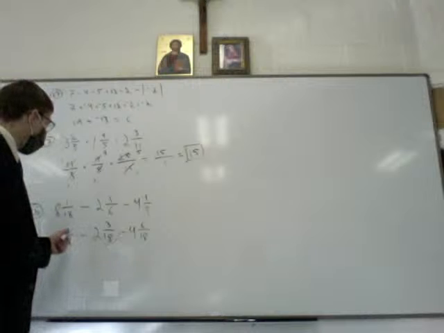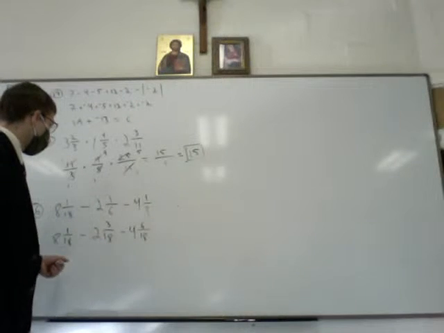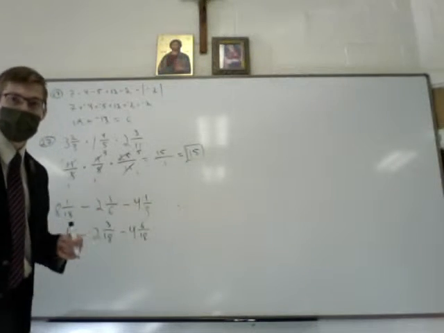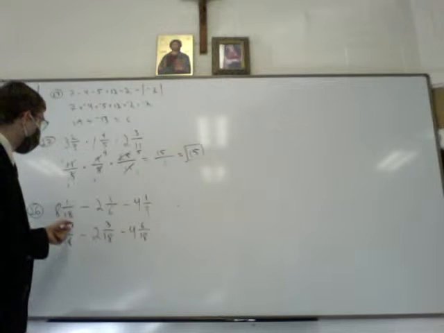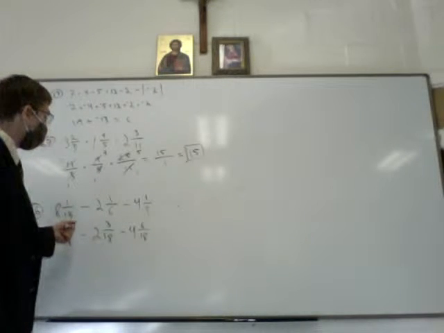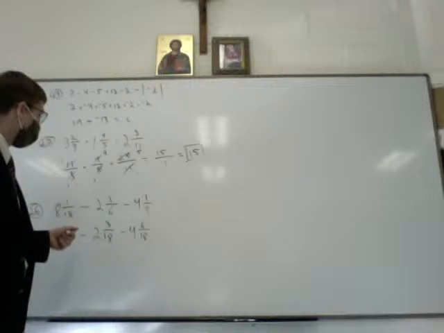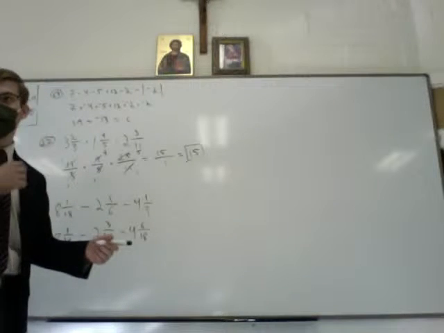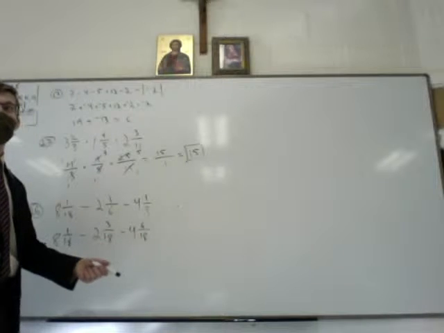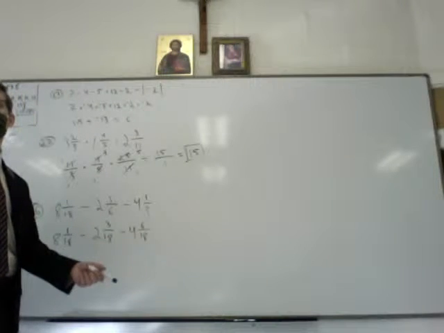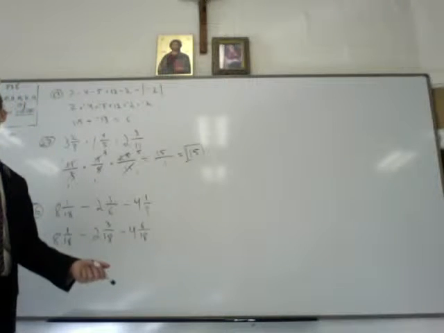Now, if we try to subtract the whole parts and then the fractional parts separately, the problem that we're going to run into is what? So 8 minus 2 minus 4, that's easy enough to do. But what about 1/18 minus 3/18 minus 6/18? What are we going to end up with?